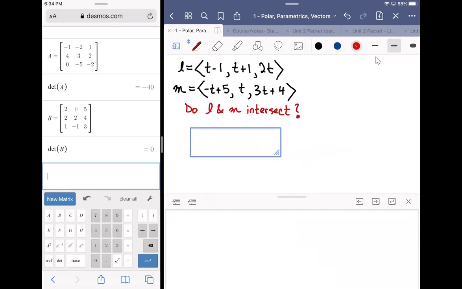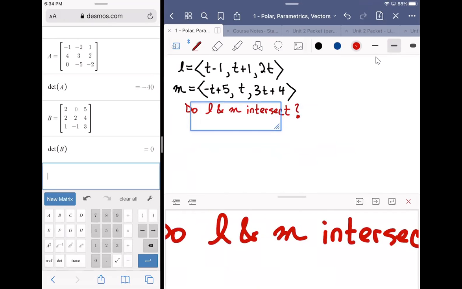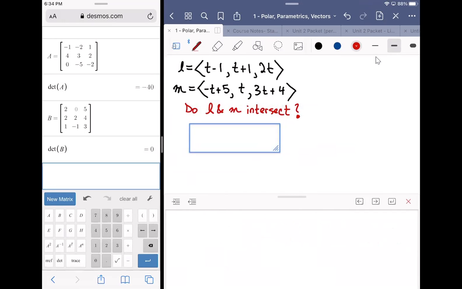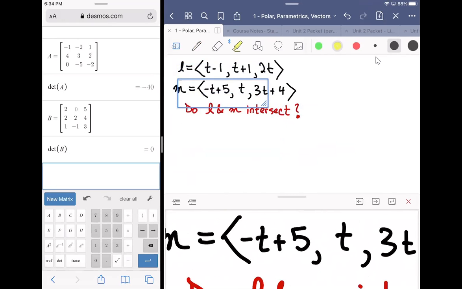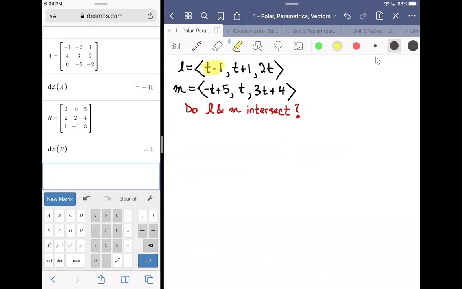All right, so corresponding parts. You could use the matrix approach, but we do have to make an adjustment because we can't assume that they're working in the same universe, that these t values are the same.